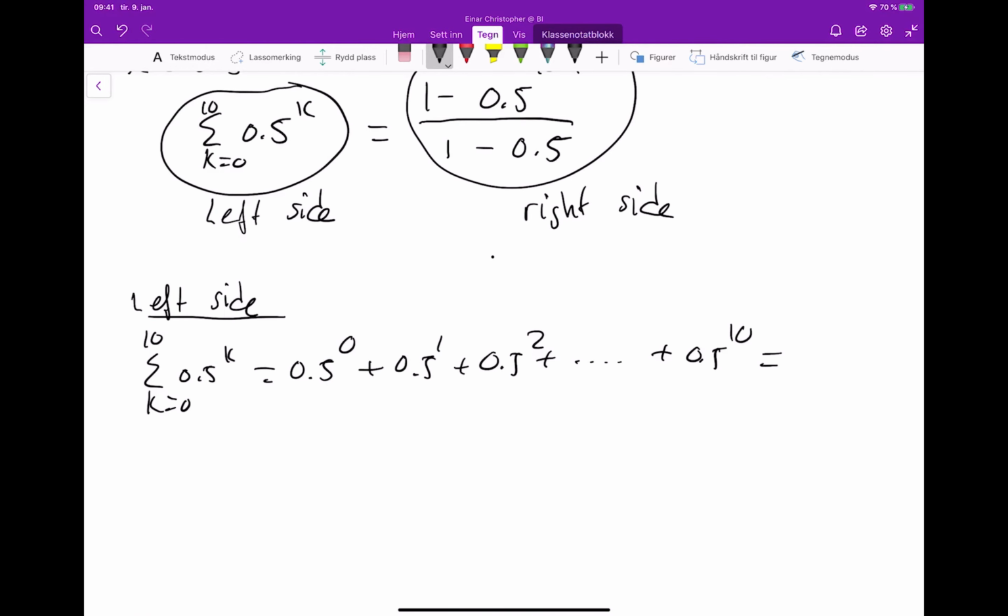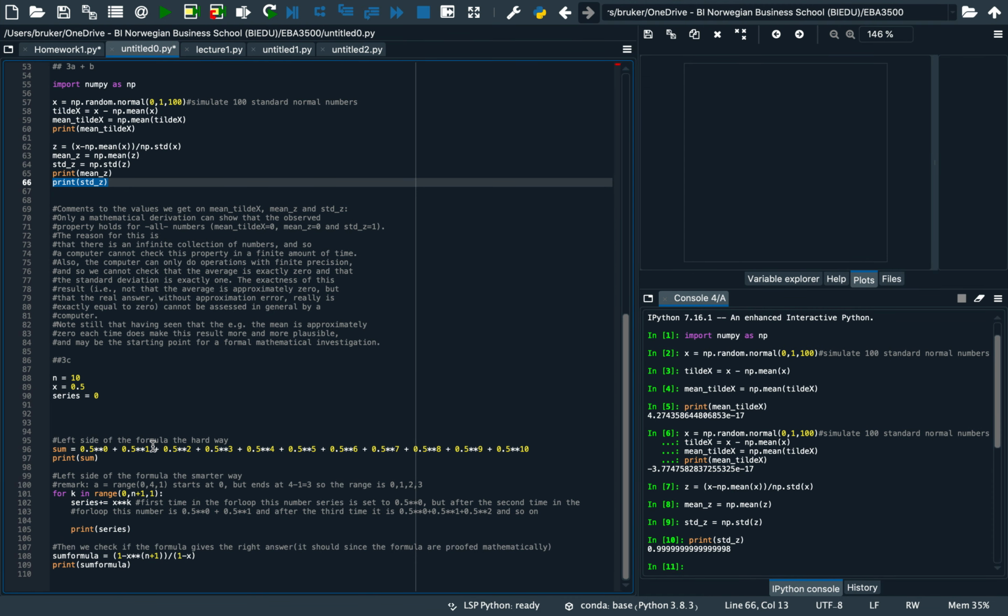Let's do it first. So we set n equal 10, x equals 0.5, and I also make a variable series equal 0. So series is now equal 0.